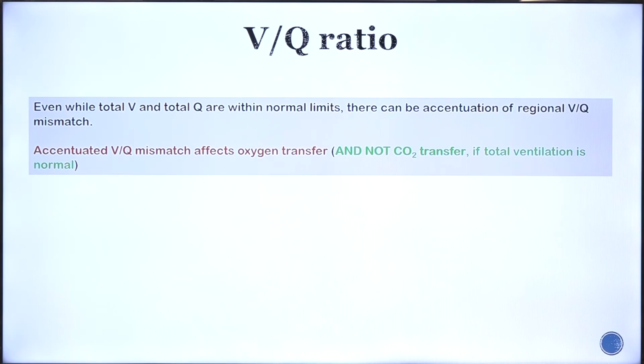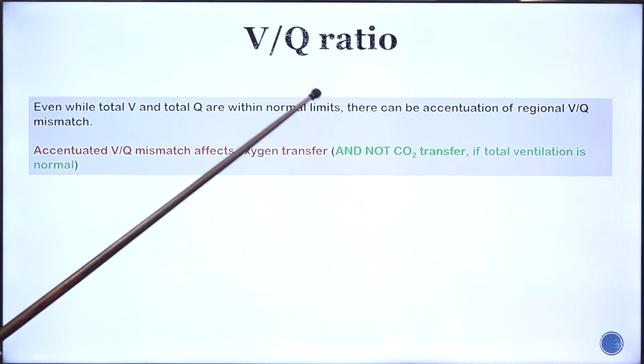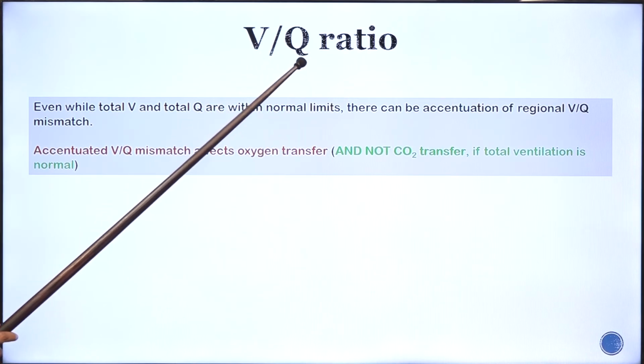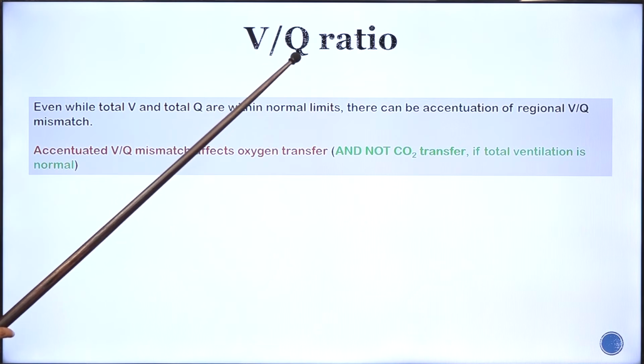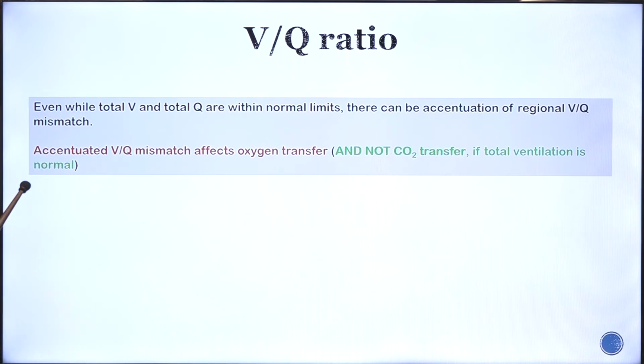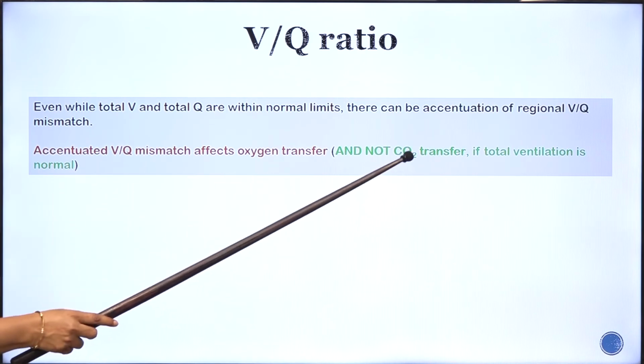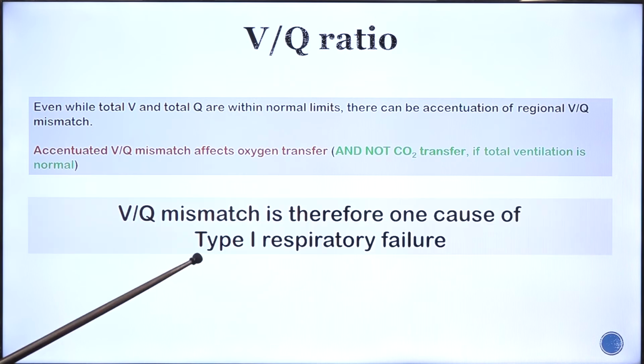The message therefore is that when total ventilation and total perfusion are normal, there still can be accentuated VQ mismatch in different regions of the lung during pathological states. An accentuated VQ mismatch would affect oxygen transfer and not carbon dioxide transfer.